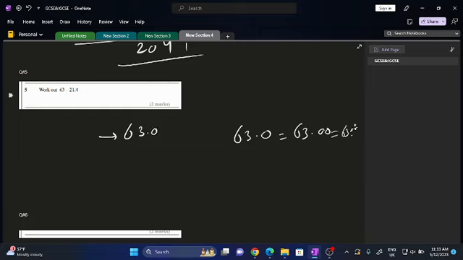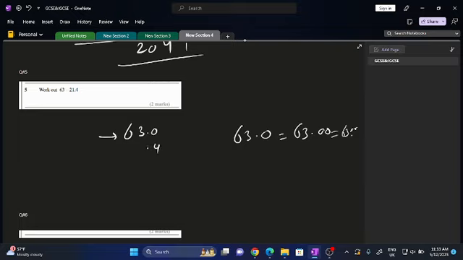I just convert 63 into 63.0 so that my decimal point comes in line, because this is 21.4. Now make the decimal points in line, and the 4 is written over here, then 1 and 2.